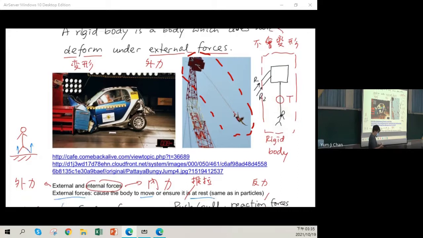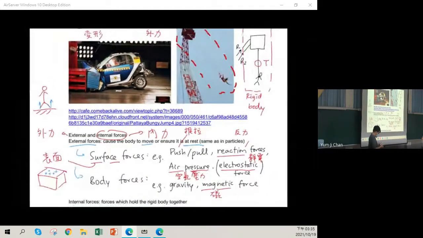It only holds the rigid body together. Of course, it has force in the cable, otherwise if the cable is broken, then the person will go down. So if we consider this a rigid body, this cable force is only holding the person and the tower or the platform together. So this is an internal force.